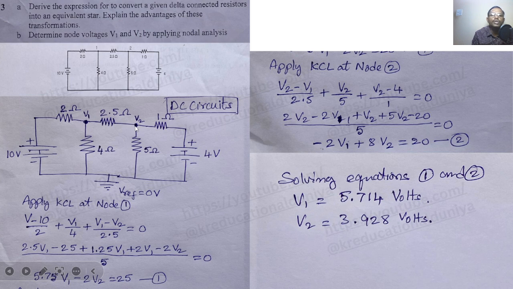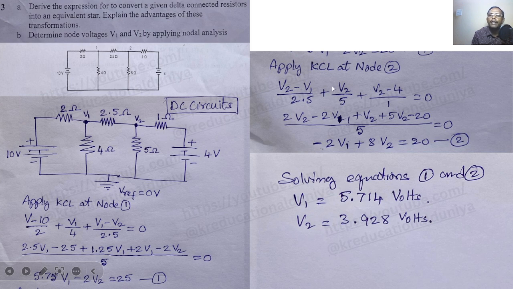V2 is the highest potential, so V2 minus V1 by 2.5 is the I4 value. Next, the I5 value is V2 by 5. Next, the I6 value is V2 minus 4 by 1, equal to 0. This is the nodal analysis equation.